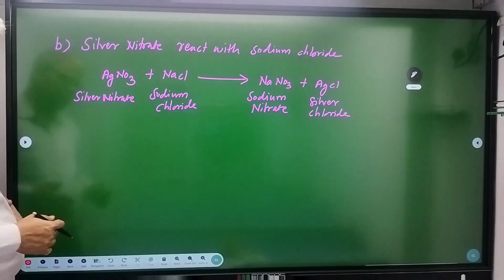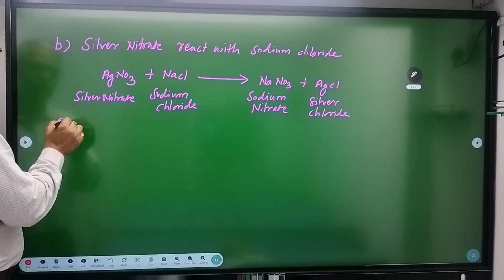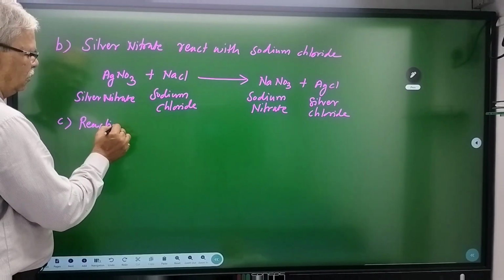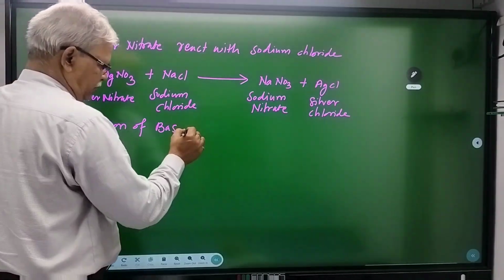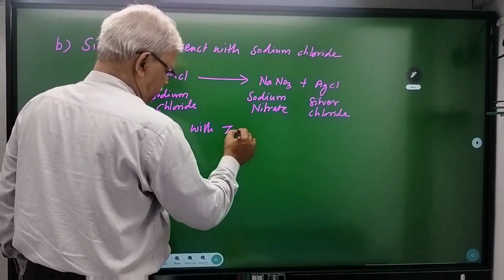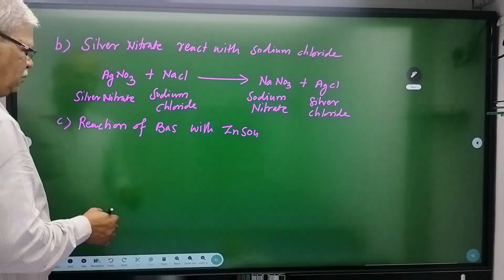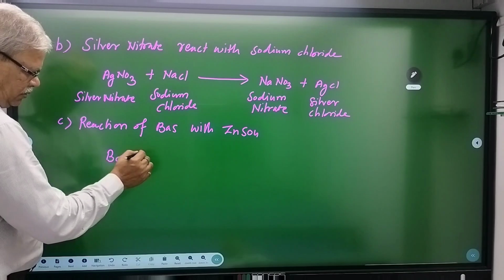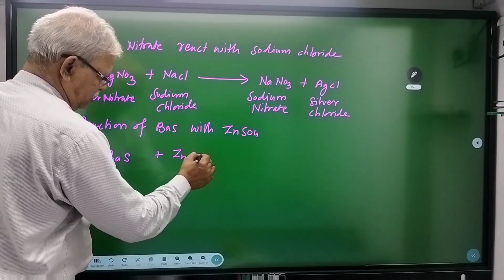After this, the next reaction is the reaction of barium sulfide with zinc sulfate. Okay, here this is barium sulfide plus zinc sulfate.